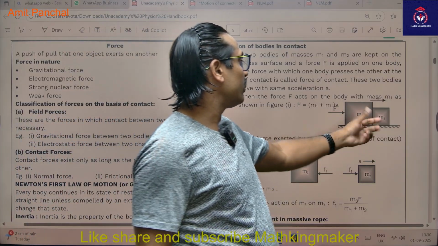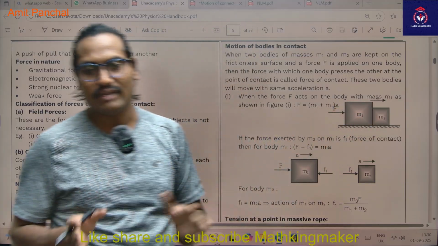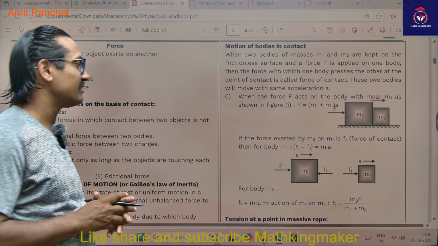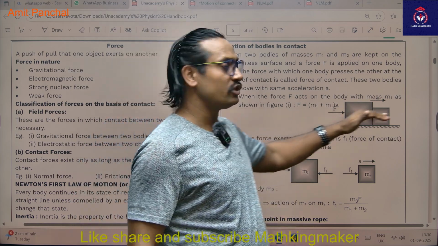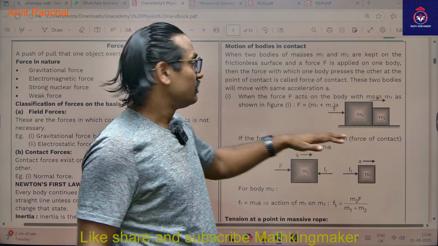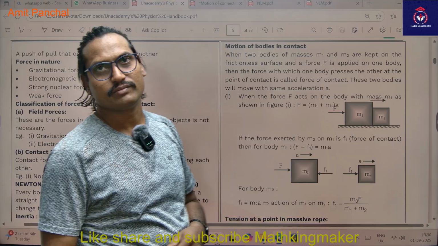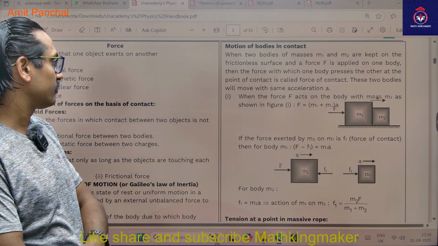So if M1 and M2 are in contact, then entirely we can say it is a single body of mass M1 plus M2. If it is in motion, then F will be M1 plus M2 into A. Got it?